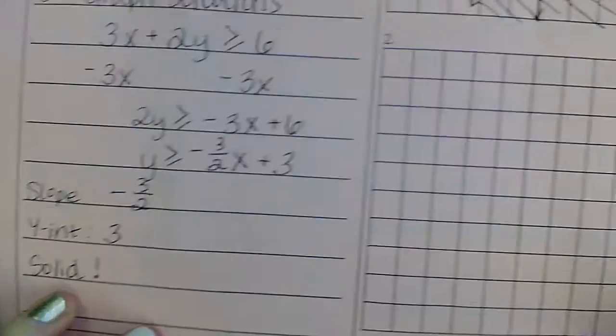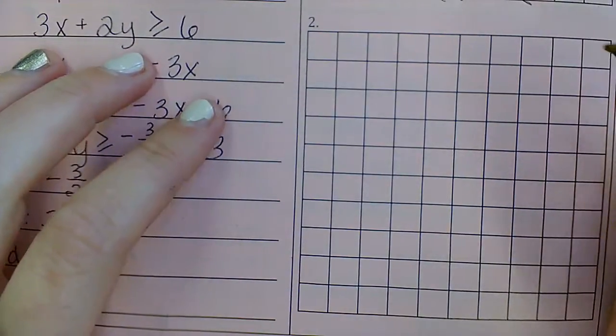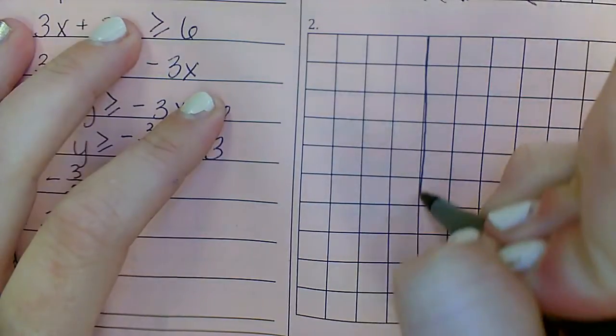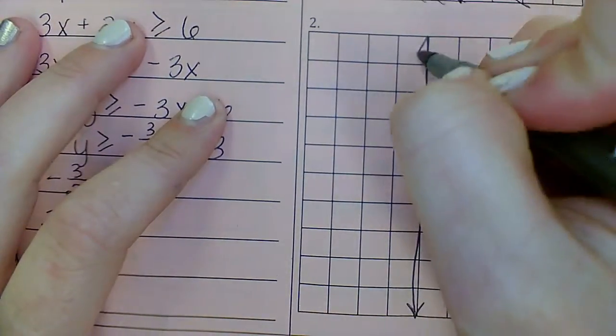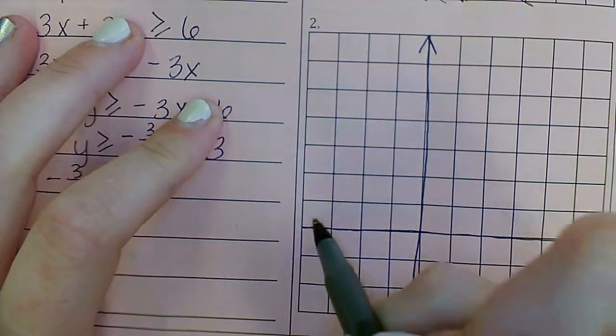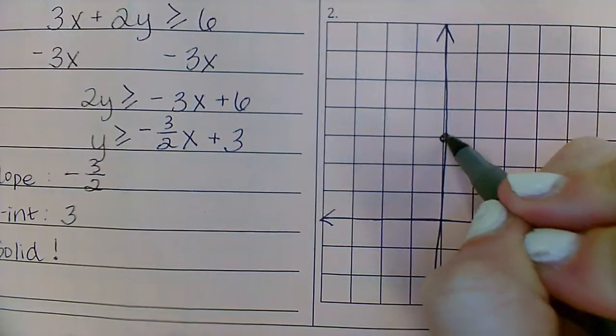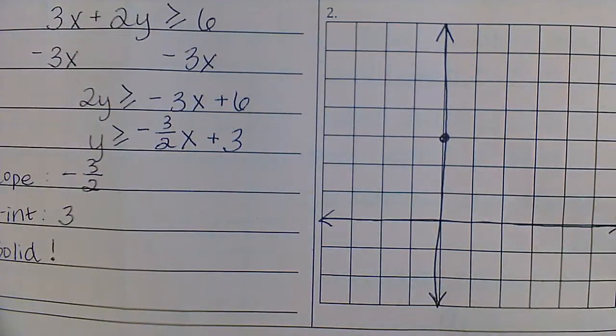Okay, well, I'm going to go ahead and graph, and even though I didn't tell you this before, I'm personally going to shift my y-axis and x-axis a little bit. Not the end of the world if you did not. Okay. So I have a y-intercept of 3. 1, 2, 3. Now, tricky is that my slope is negative.